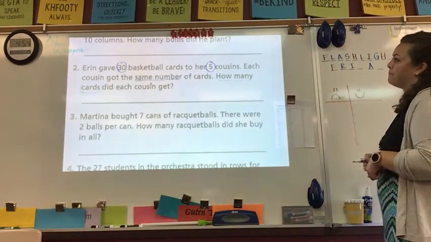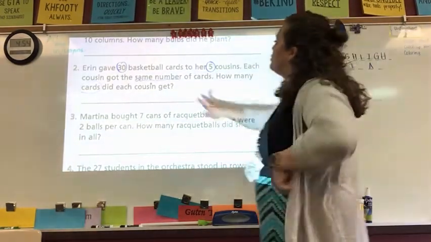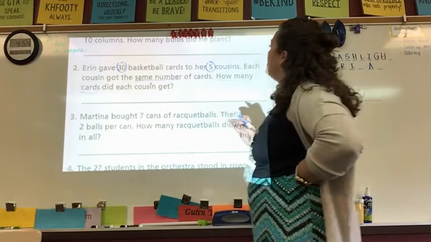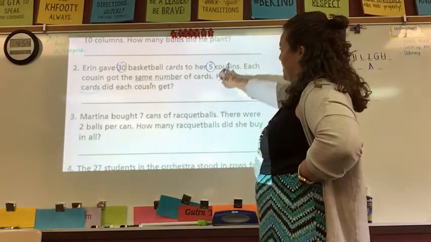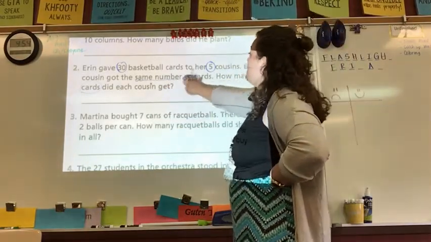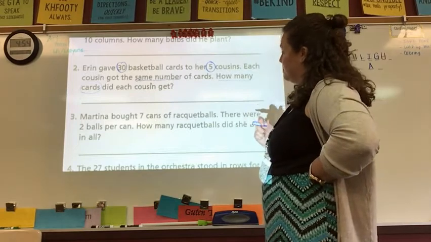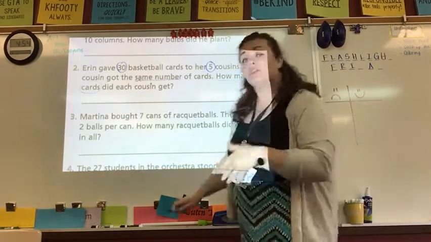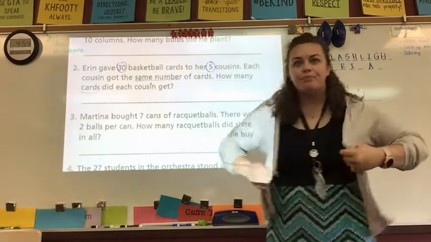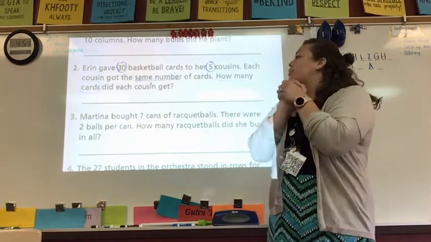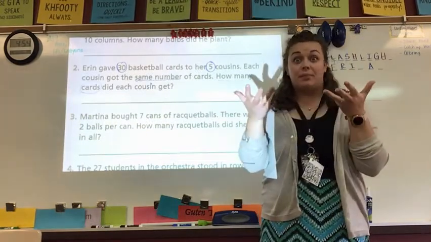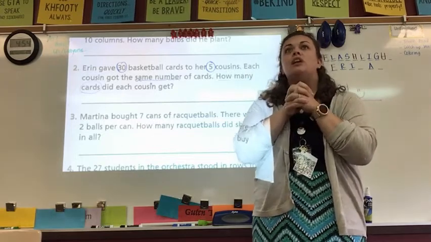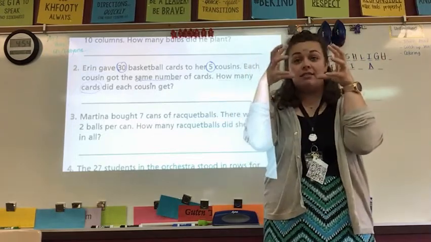Okay. Well, if she has 30 basketball cards, she's giving them to 5 cousins. She's giving the same number to each of 5 cousins. I can actually act that out, and so I wanted you to practice that with me today. We can act out our math problems to help us think about what would be the best math drawing to represent it. So, she has 30 basketball cards.